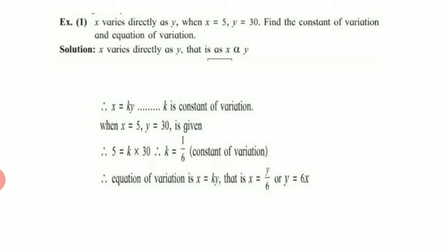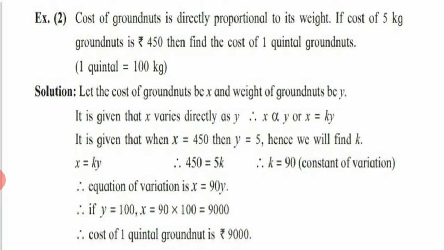When X is equal to 5, Y is equal to 30 is given. Therefore, 5 is equal to K into 30. Therefore, K is equal to 1 upon 6, the constant of variation. Therefore, the equation of variation is X is equal to Ky, that is X is equal to Y upon 6, or Y is equal to 6X.